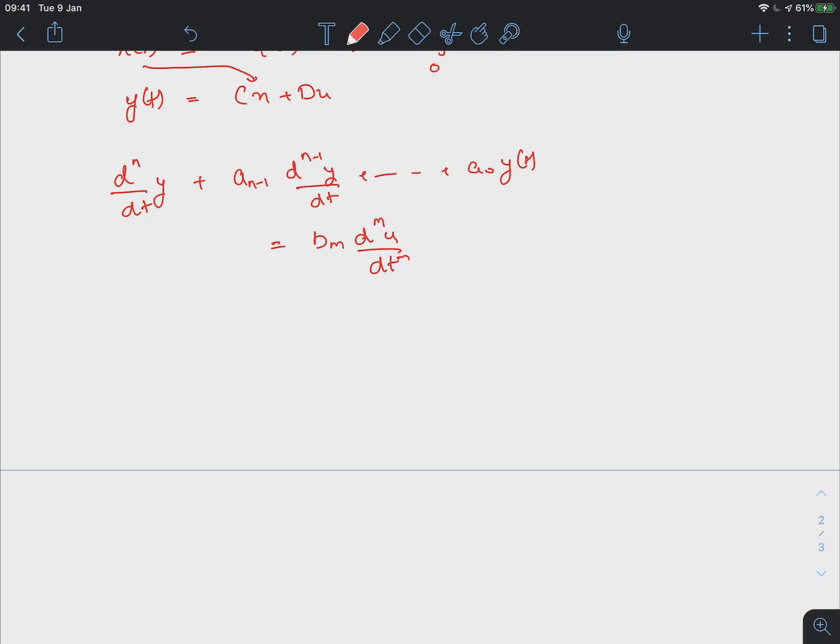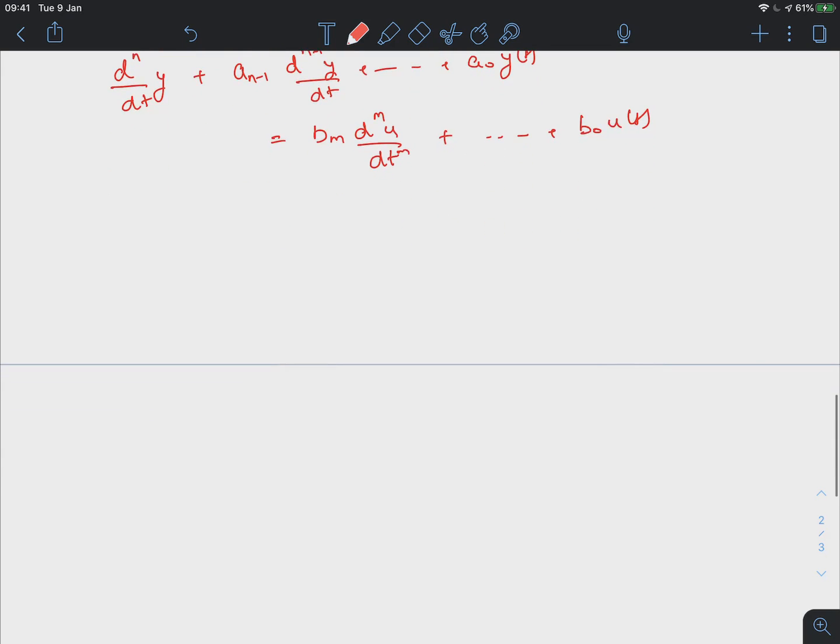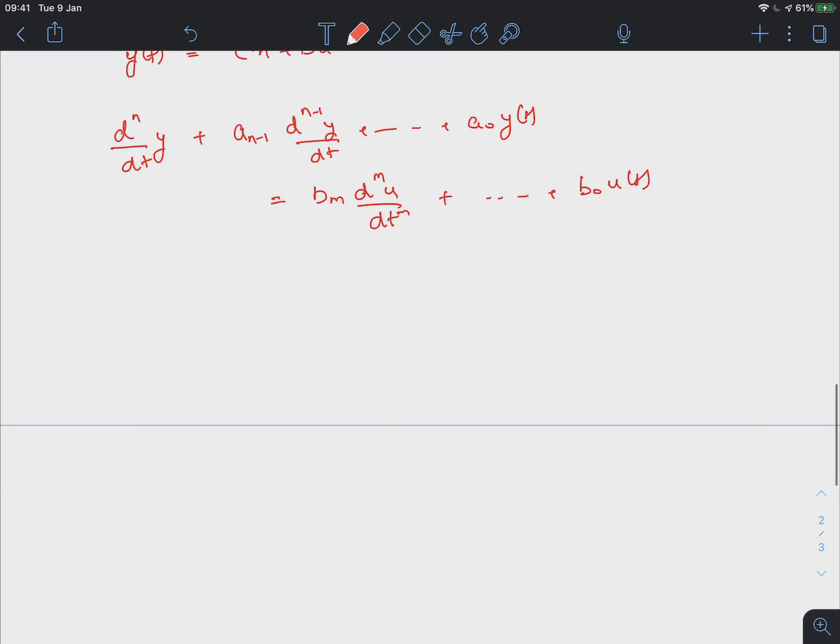This equation we have been seeing from the signals and systems course. Okay, where it is presumed that n is greater than m.